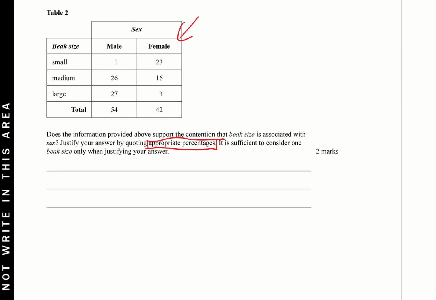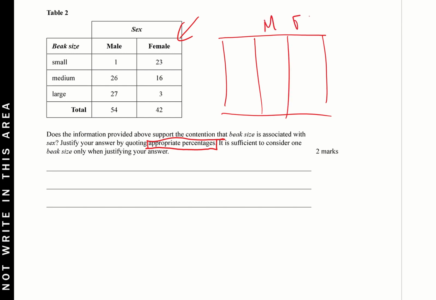Okay, so we're going to draw a very similar table to the one we've got. We need to have male, female, small, medium, large, and we just need to make sure there's a total down the bottom that equals 100%.